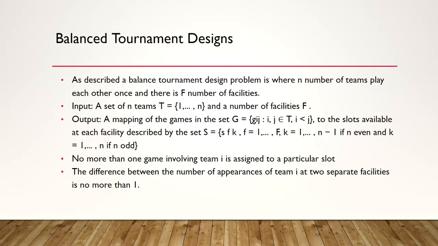As in the previous problems of the double and the single round robin, if n is even, we'll have n minus 1; if n is odd, we'll have n. There will be no more than one game involving team i assigned to a particular slot. The difference between the number of appearances of a team i at two separate facilities is no more than 1.